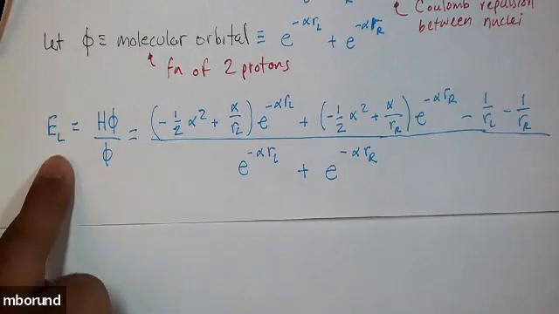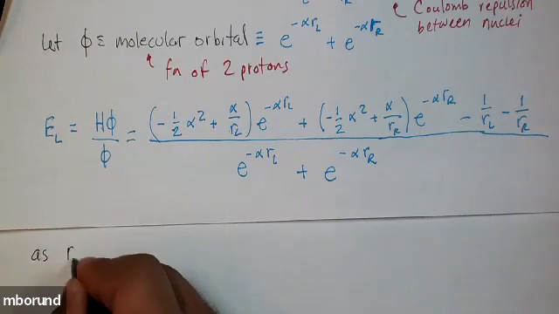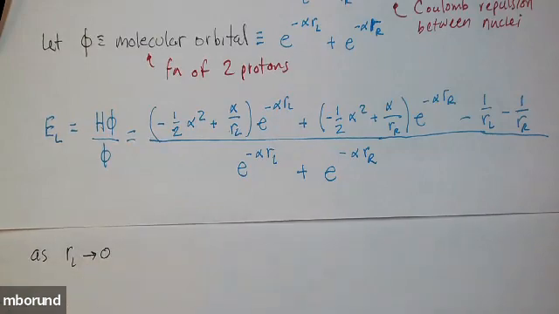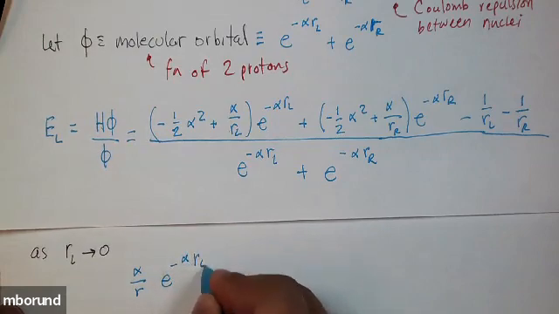At this point, we have this as our E of L, right? What happens if RL goes to 0? Then we would get a portion that goes like this, alpha RL e to the 1 over alpha RL.